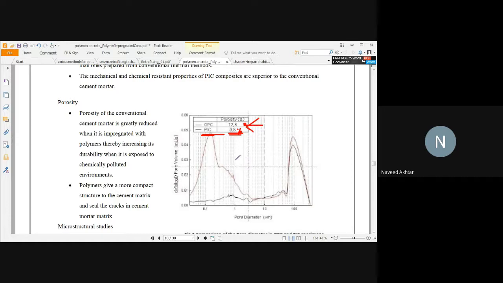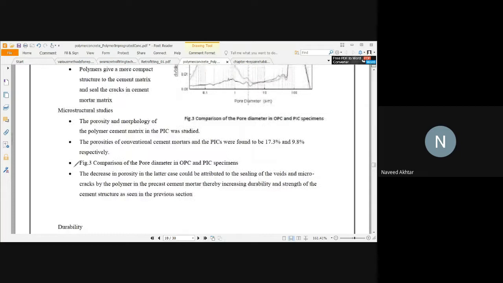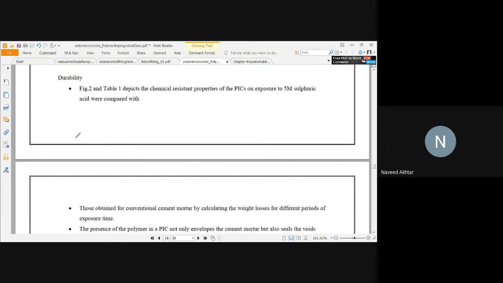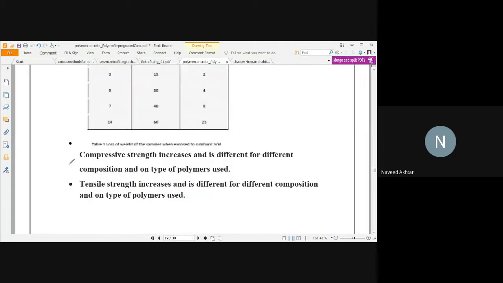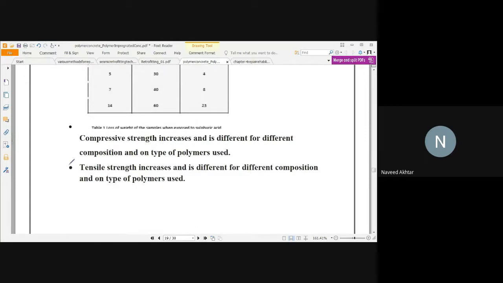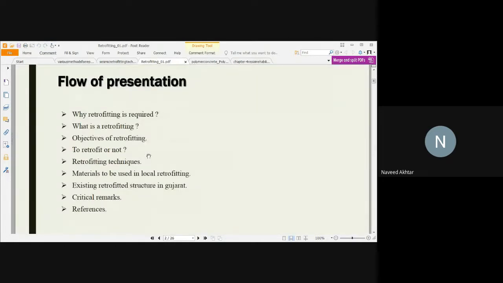The porosity of polymer impregnated concrete is less, hence you can get a dense mass and the strength of the concrete will be increased. That's why this is done. There is also a durability factor, because with less porosity the concrete will also be durable. So these techniques you can apply.